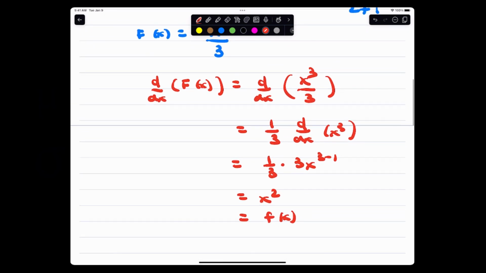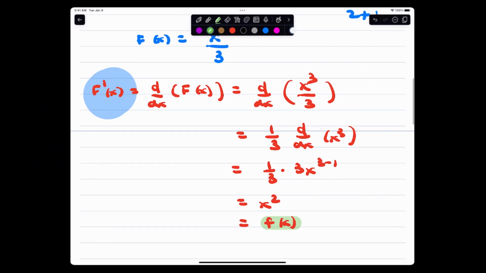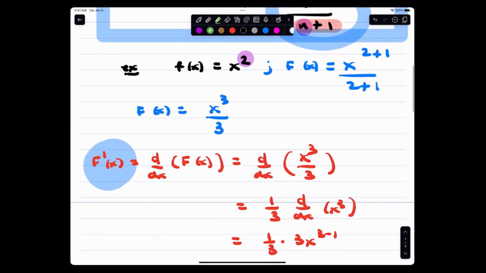Okay, so I want you guys to see exactly that definition that I just gave you guys. This is the definition of the antiderivative. Wasn't that the original function they gave us here?